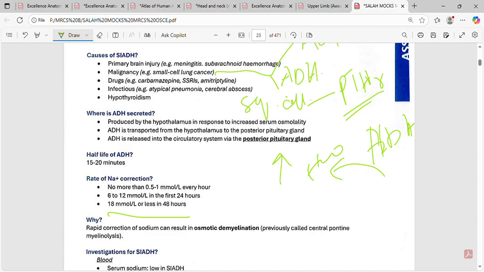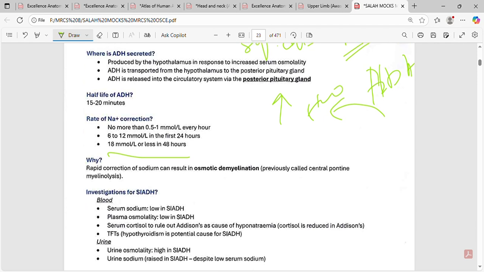Okay, so why in this manner? Because rapid correction of sodium can cause osmotic demyelination. If you correct the sodium rapidly, the body osmolarity will go up, and in the brain it can cause osmotic demyelination, previously called central pontine myelinosis.